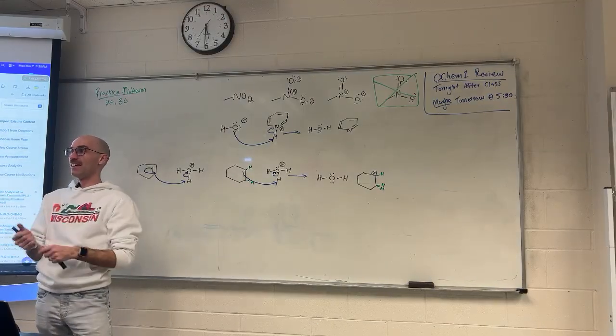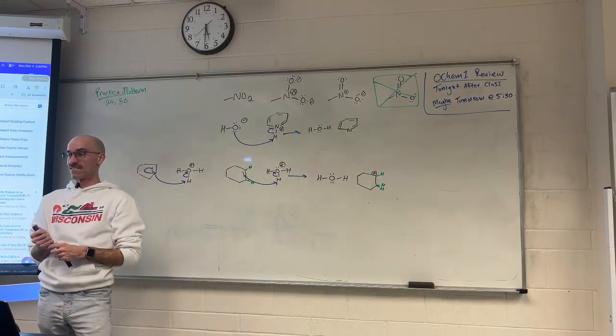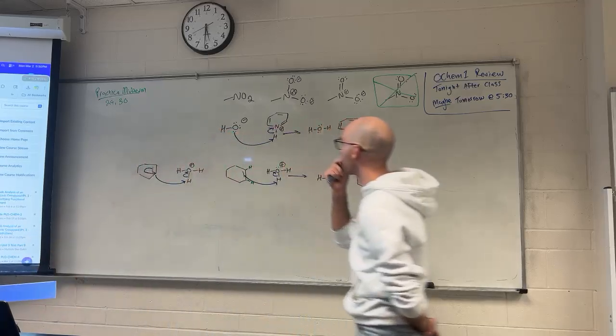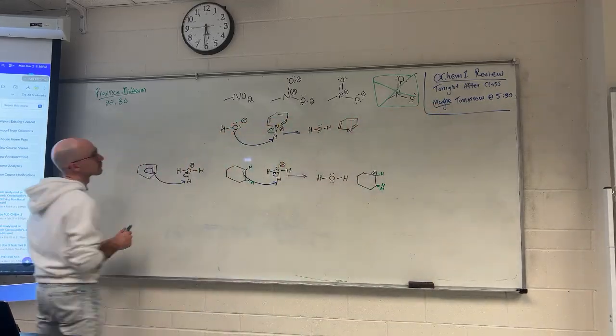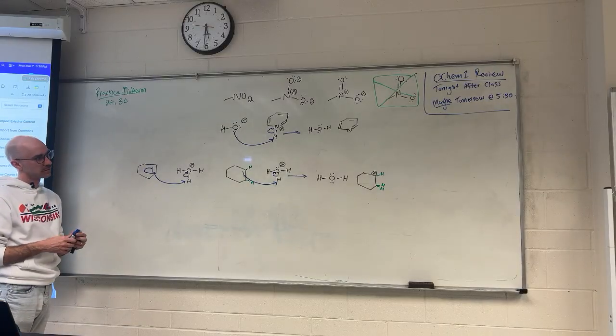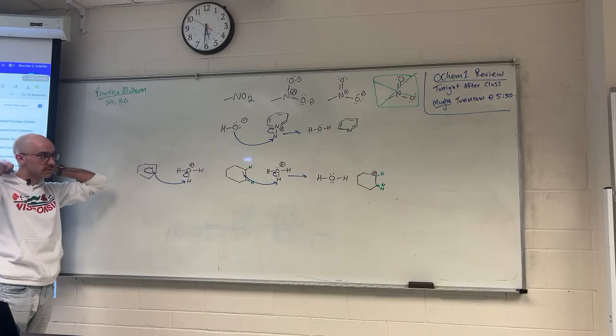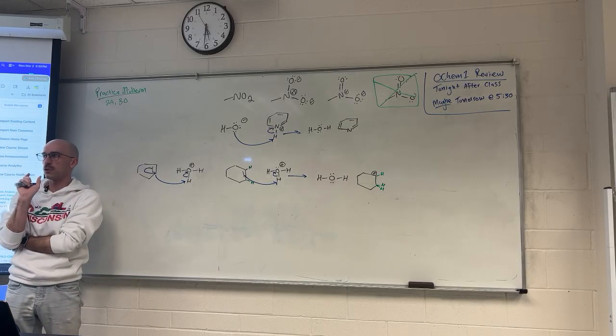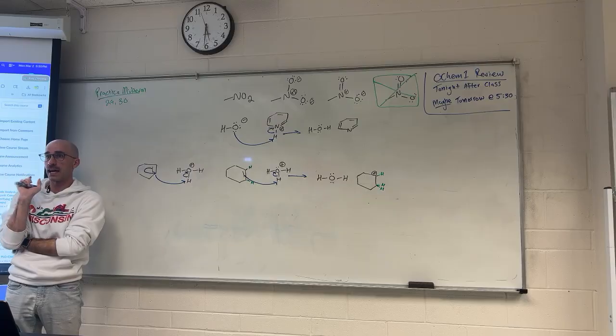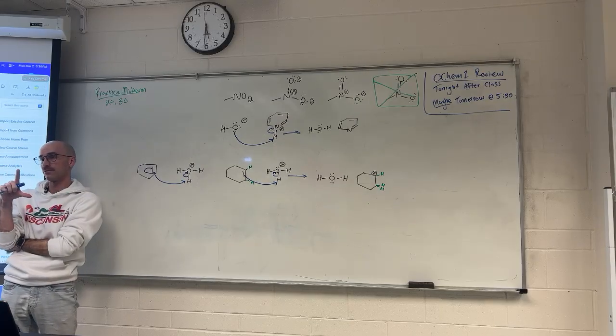I have a question kind of going with that. Sometimes I get confused how you're supposed to know if it's gonna just form one product, like it's just gonna bond together, or if it's gonna create two. But I guess if you're giving us the arrows or the product, we would be able to see that. Yes, and if you've seen your practice midterm, I have you do both.